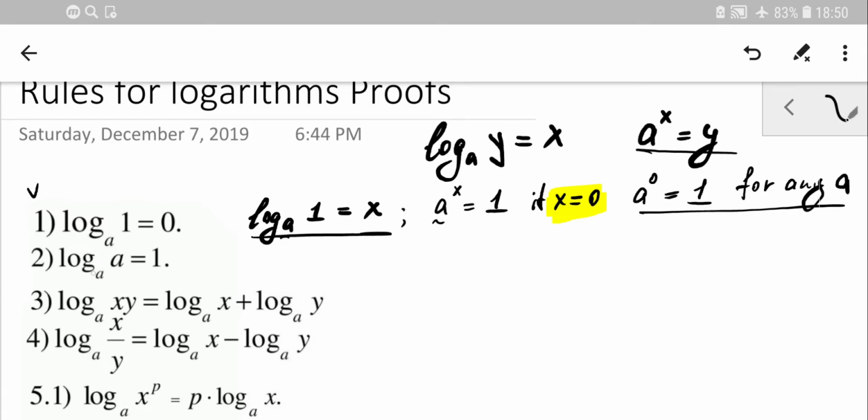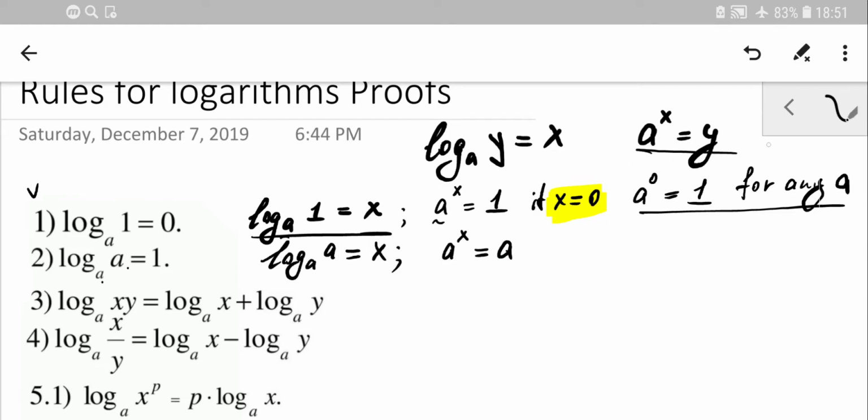Okay, so next one: log with the base a of the number a is 1. Let's try to prove it and see how it works. So log a of a, let's say it's an unknown number x. We again apply the exponential form: a to the power of x equals a.